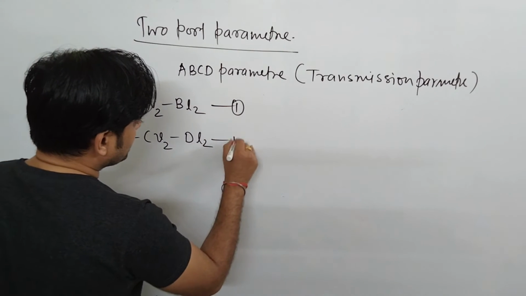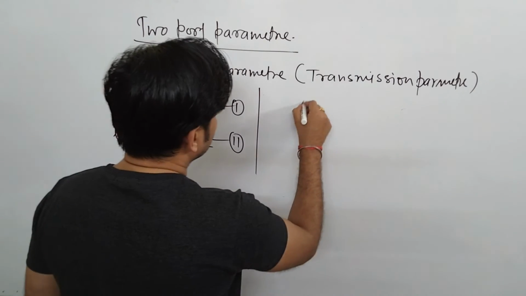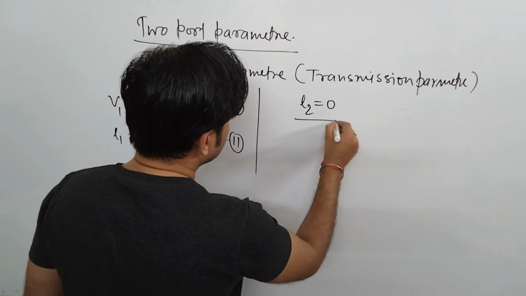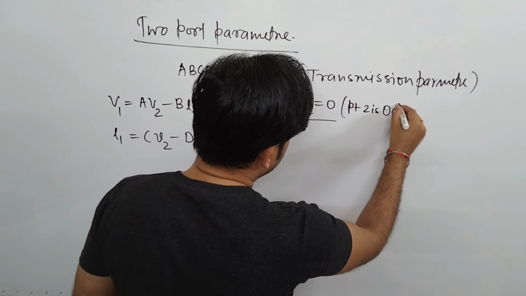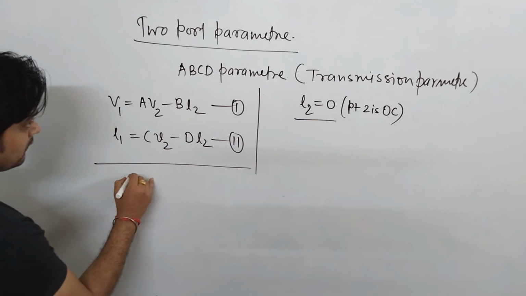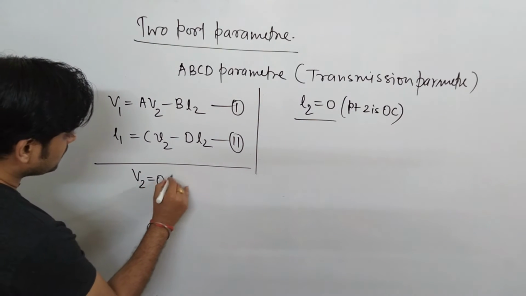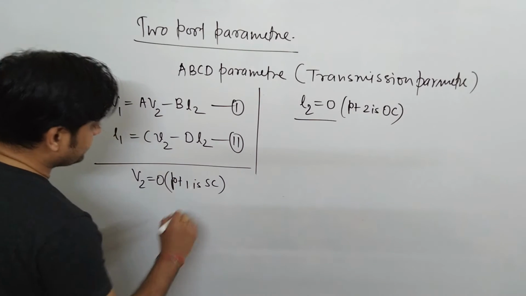as this was our equation, now again we will see the condition when I2 is equal to 0, that is port 2 is open circuited, and then we will see the condition where V2 is 0, that is port 1 is short circuited.